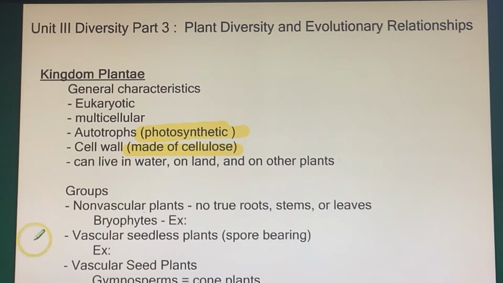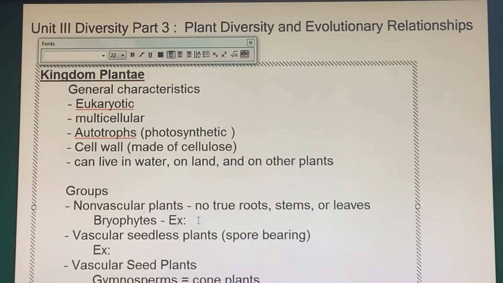During this overview of plants, we're going to look at some larger groups of plants. We're going to look at the non-vascular plants, the bryophytes, an example of which would be mosses. We're going to look at the vascular seedless plants, or the spore-bearing vascular plants. An example would be ferns.